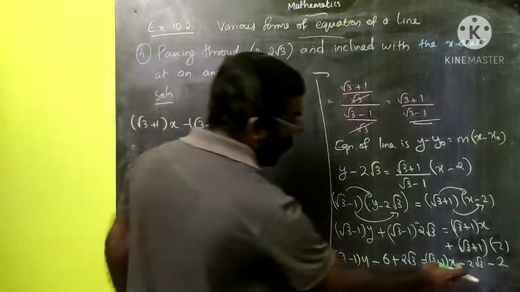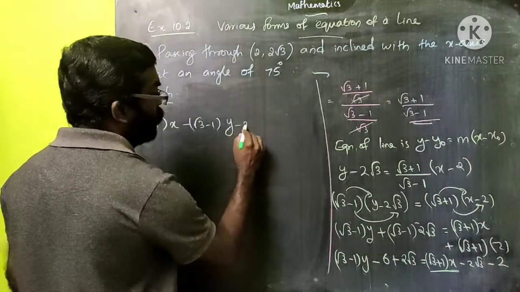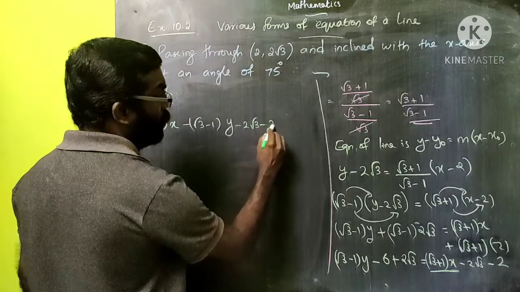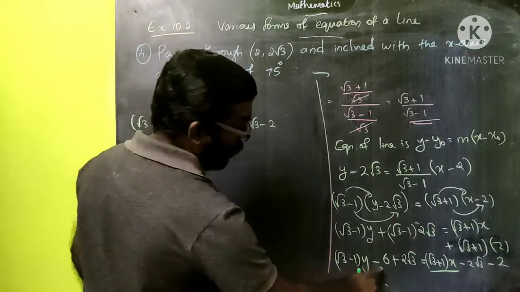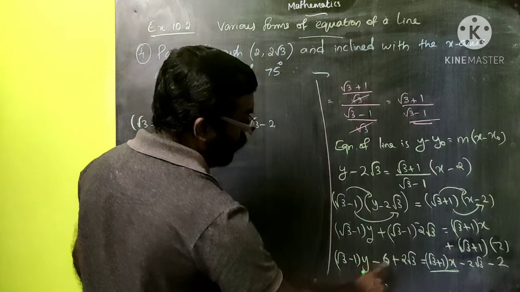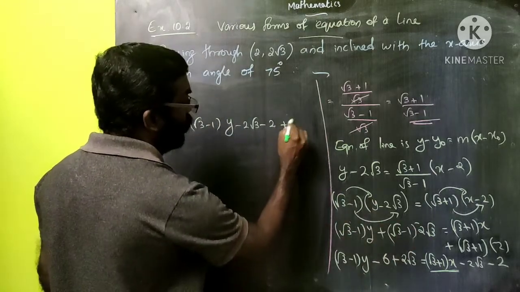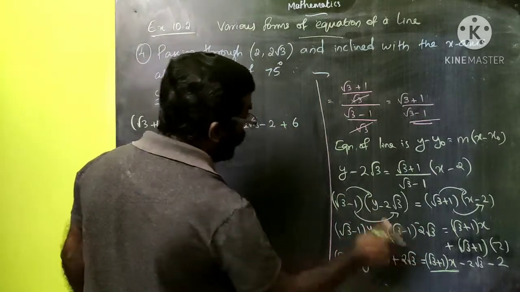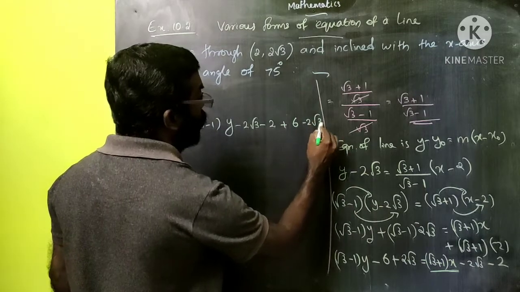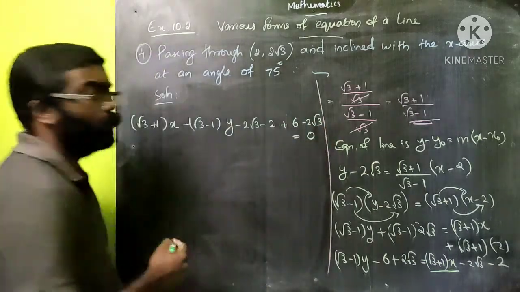Then on the RHS part the terms are minus 2 root 3 minus 2. Here the minus 6 goes to the right side, it becomes plus 6. Then plus 2 root 3, that is minus 2 root 3, which is equal to 0.